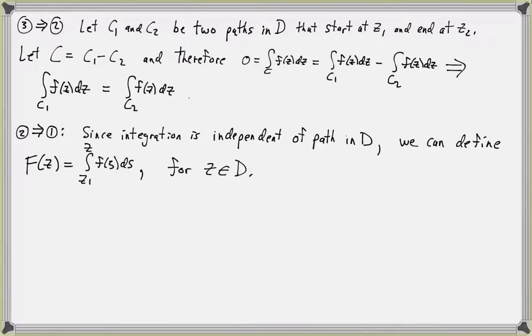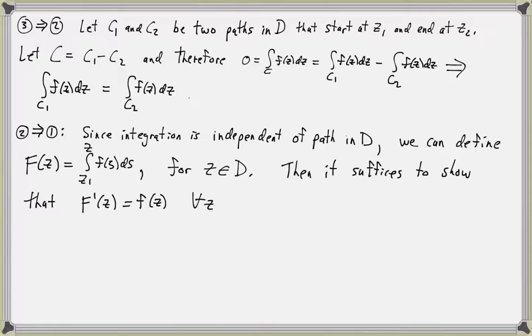So we need to show that capital F is an antiderivative of little f, and that will establish statement 1. So it suffices to show that the derivative of capital F equals little f for all z in D. That is, that capital F is an antiderivative of little f.